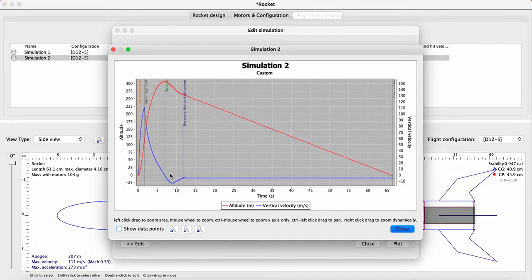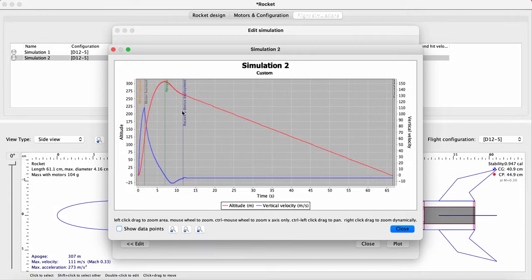And then at the very apogee, your recovery device is deployed, and now you have a constant negative velocity that's allowing this thing to slowly drift to the Earth without getting damaged. So this is how you have a nice stable flight.